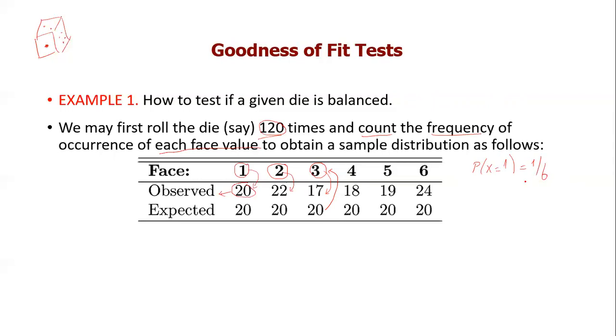Because you have a die. If it is a balanced die, if it is an unbiased die, then the probability that you observe 1 is equal to 1 over 6, which is also equal to the probability that x is equal to 2. That's also equal to the probability that x is equal to 3, and so on. So all of the probabilities are equal to each other, and that probability is equal to 1 over 6.